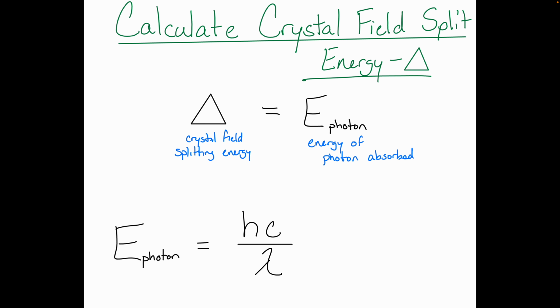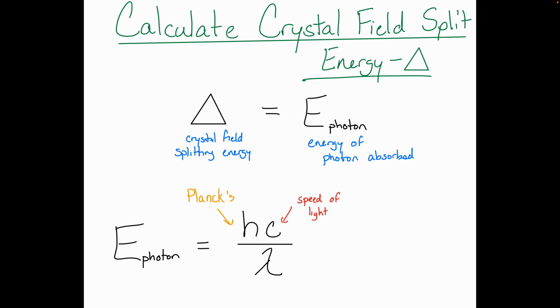H and C are both just constants. H is what's known as Planck's constant, and C is what's known as the speed of light in a vacuum. And lambda we've seen before.